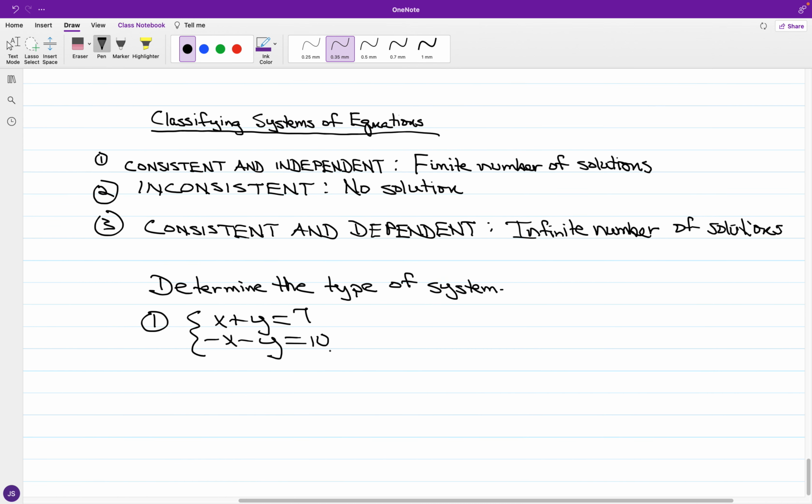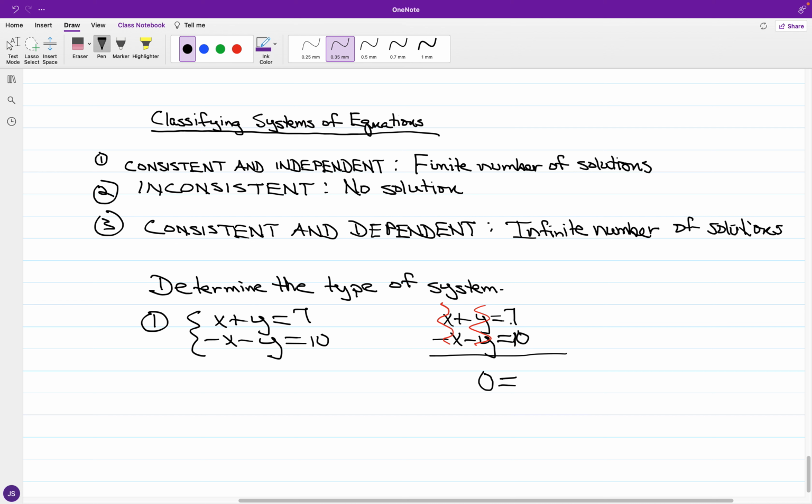So we got x plus y is equal to 7, negative x minus y is equal to 10, and if you notice, we have additive inverses for both x and y. If I add the equations together, x and negative x will go out, y and negative y will go out.